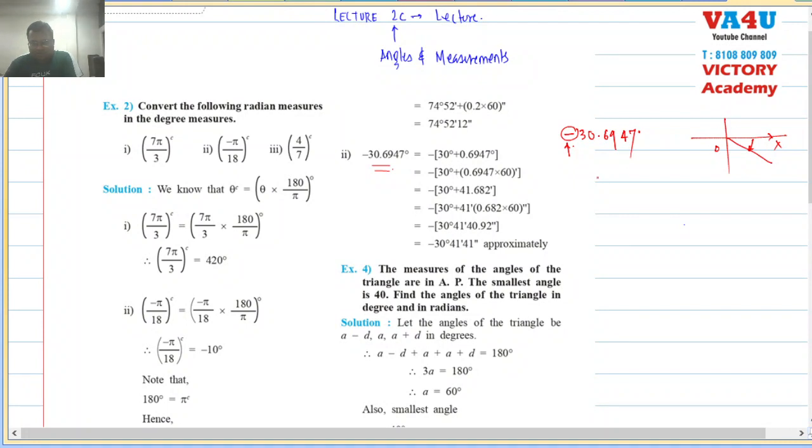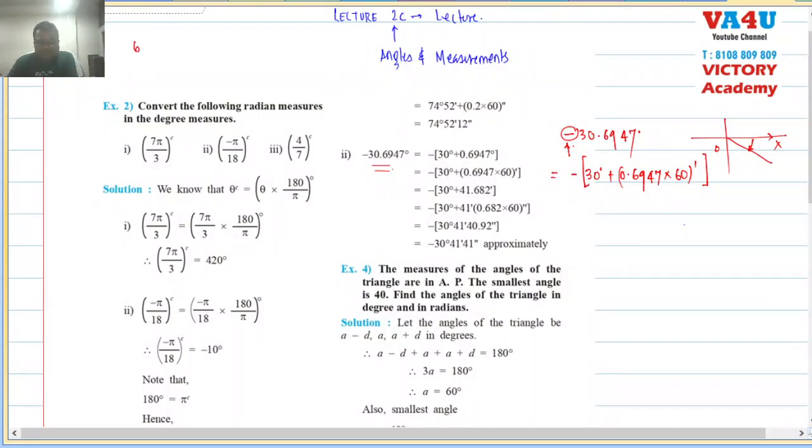Okay. So I have minus 30.6947 degrees. So this is 30 degrees plus 0.6947 into 60 minutes. And we have a minus sign outside.